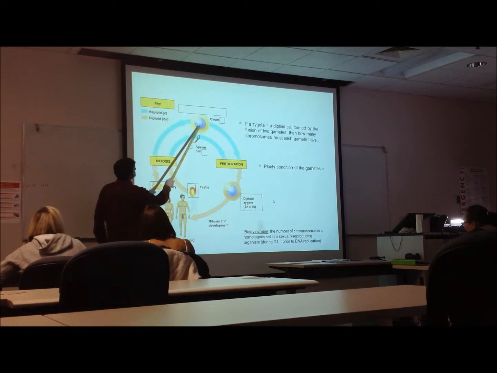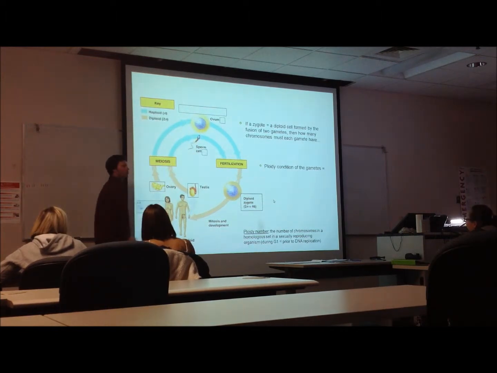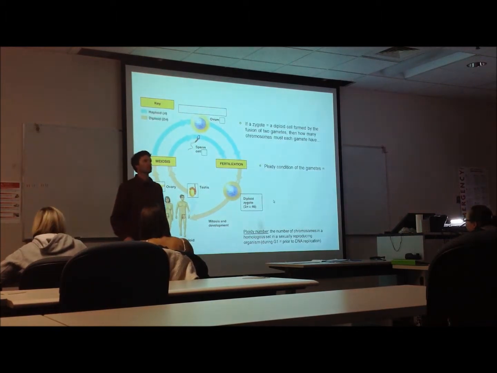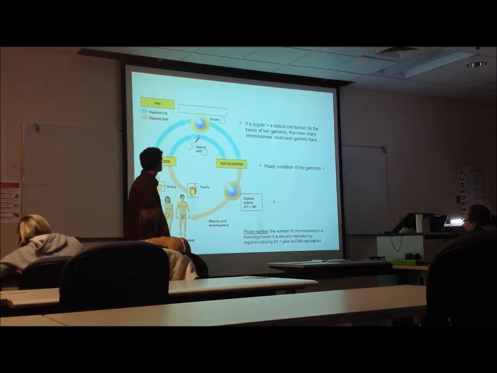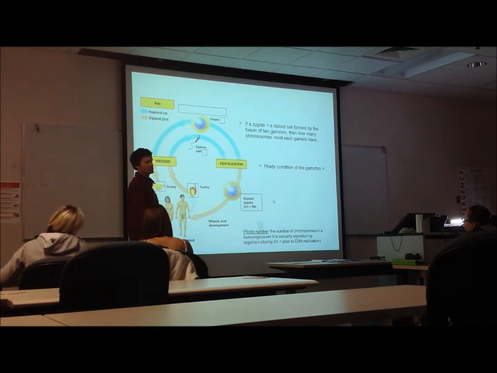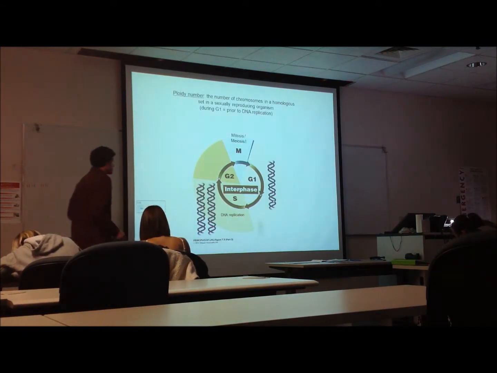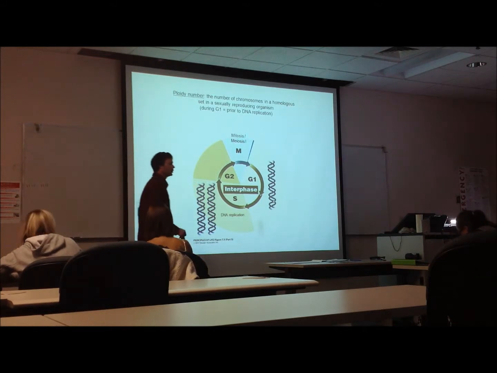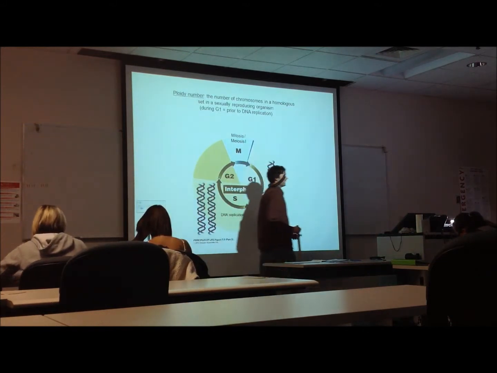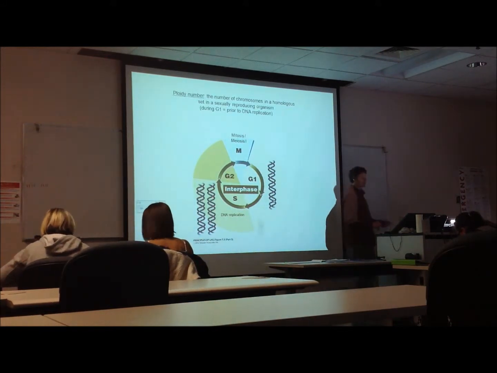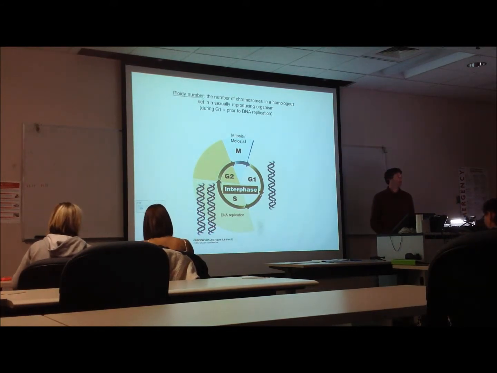Then how many chromosomes do each one of these sperm and eggs have to have? 23. What's the ploidy condition of those gametes? Haploid. So again, just to define ploidy number, we're going to define ploidy number as the number of chromosomes in a homologous set in a sexually reproducing organism, and in particular during the G1 phase prior to DNA replication.